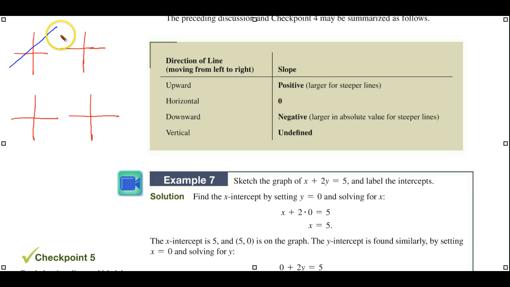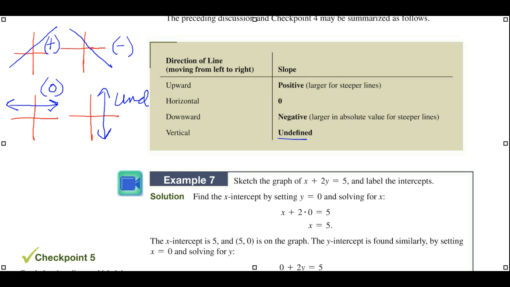Starts low and goes up. So this is positive slope. Starts high and goes down, that's negative slope. A horizontal line, that's 0 slope. And a vertical line, this is undefined slope.